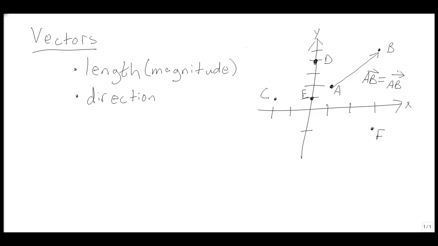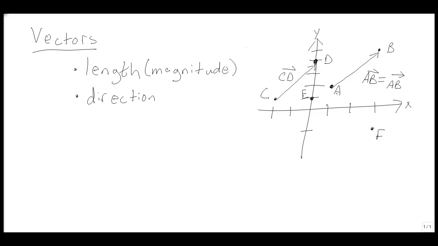Okay, so that's AB. Now, something to note here is that if you start at C and go to D, this is the vector CD. Well, if you go from C to D, you go over 2 and up 3. From A to B, you go over 2 and up 3. So it turns out that these two vectors, AB and CD, are in the same direction.